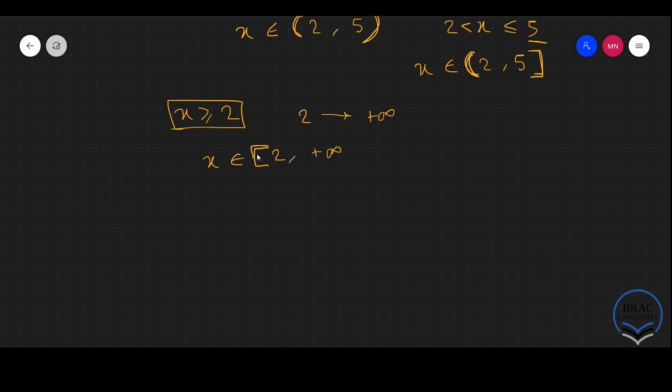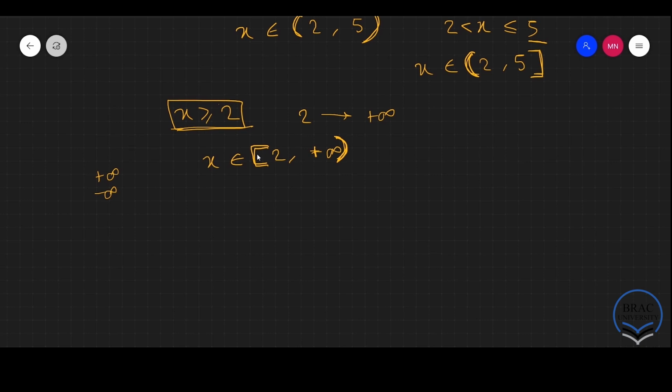Once again, we are using a square bracket here because 2 is included in the domain, right? But when we're dealing with positive infinity or negative infinity, since infinity is not something that is defined, we cannot include it in the set. So we have to use parentheses whenever we're dealing with infinities. So for positive infinity, we use a parenthesis.